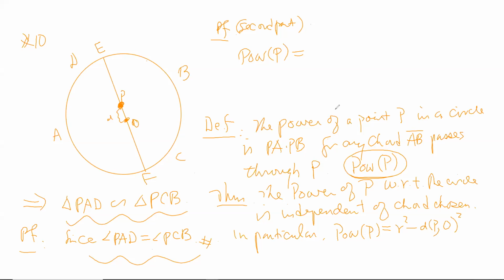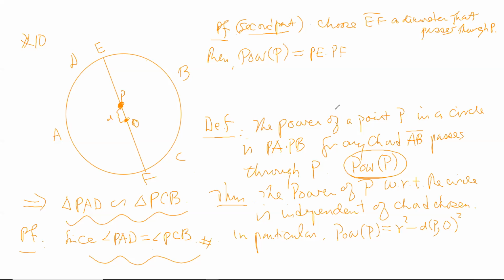Sometimes, yes. So for the power of a point, we prove the second part, okay? What is the power of point P? It's equal to PE, so we choose EF, a diameter that passes through the point P, okay? Then we have the power of the point equal to PE times PF, do you agree?